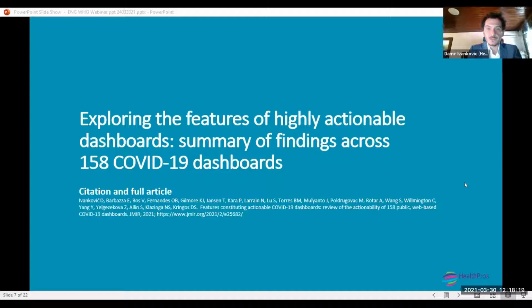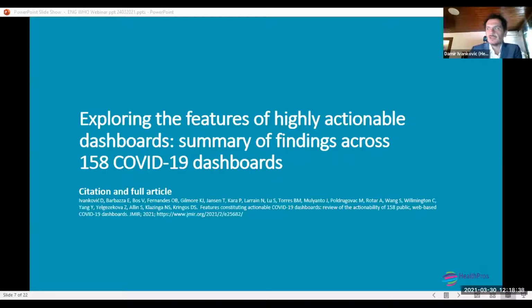We assessed 158 publicly available COVID-19 dashboards in 53 countries. The results of this work are now already available in an article that you can see cited here.